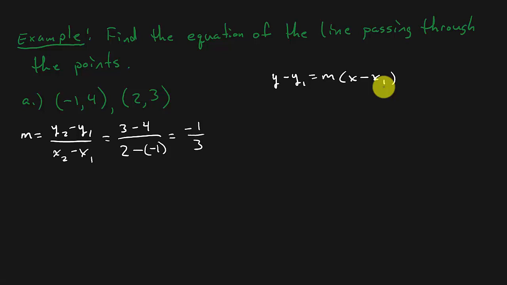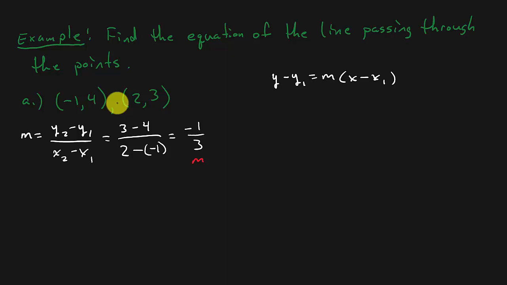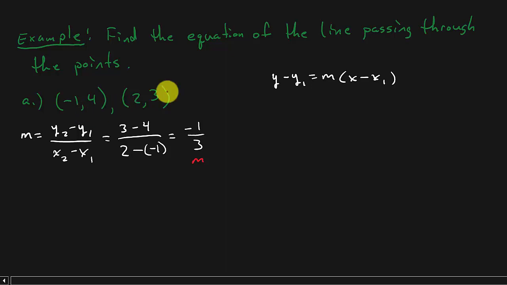Now, I've got my slope, m, right here. But which point do I use? Which one is (x1, y1)? Well, it doesn't matter which point you use. You can use either one. What I would recommend, use the one that's easiest. Okay, use the easiest one. So, in this one, it doesn't matter.